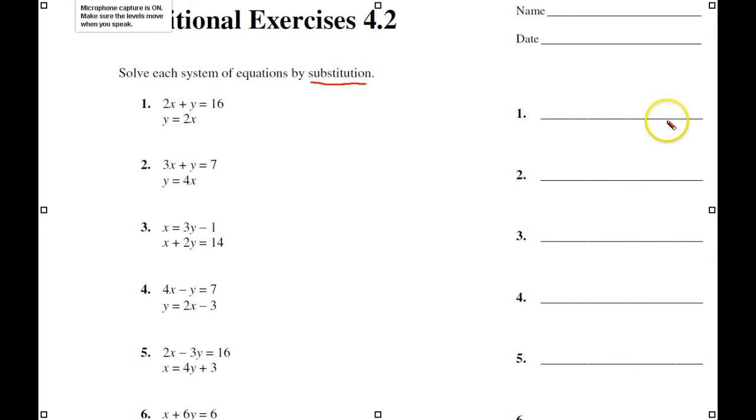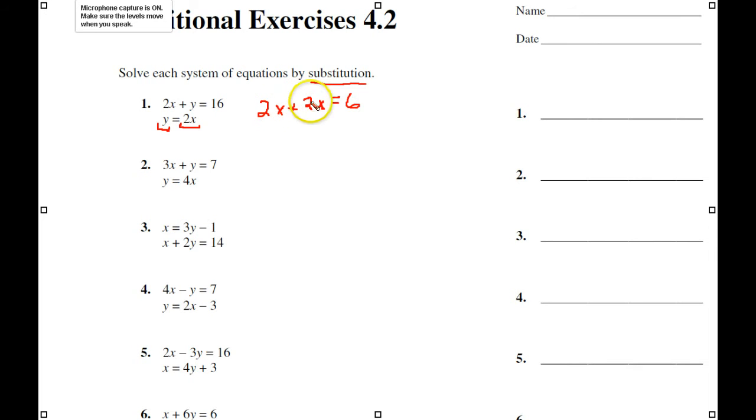And in substitution, what we do is we solve for one of the letters, like we have here, y. So we say y is actually 2x. So we rewrite this first equation, 2x plus, now notice y is 2x, so we're replacing the y with 2x, that is substitution, equals 16.